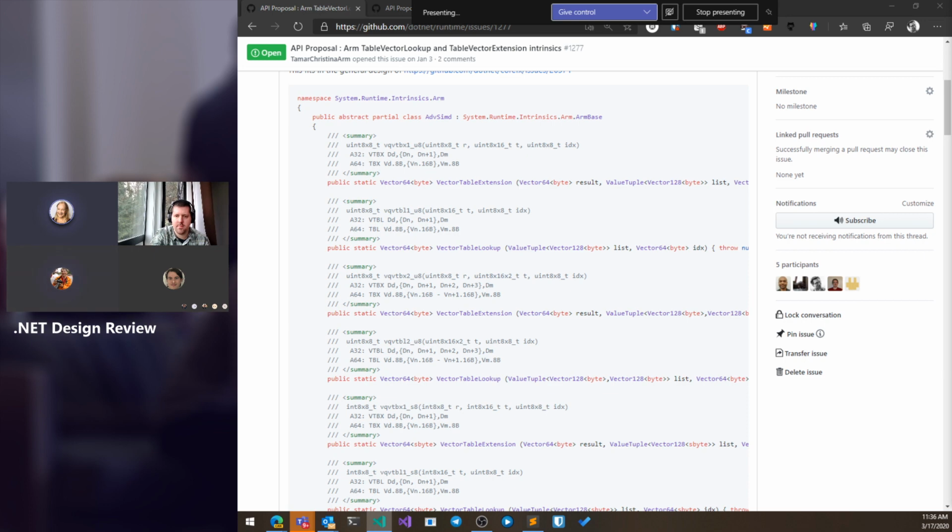Is it the case that we would define these before we have a JIT implementation to validate our assumptions about how difficult these would be to implement, say for .NET 5, or would we not define these until we knew we had an implementation that works?